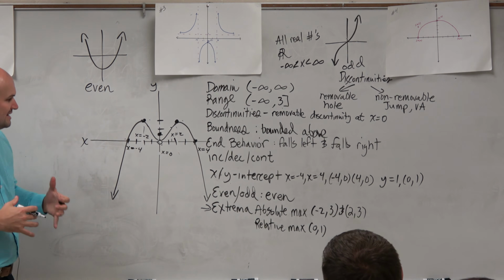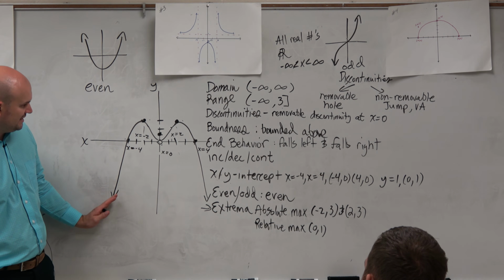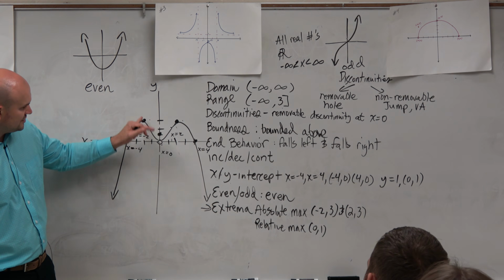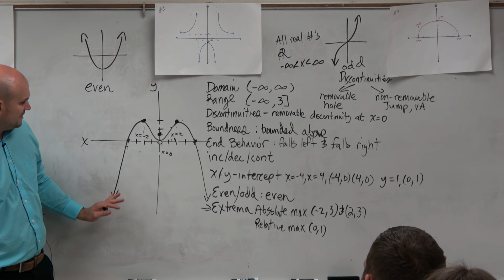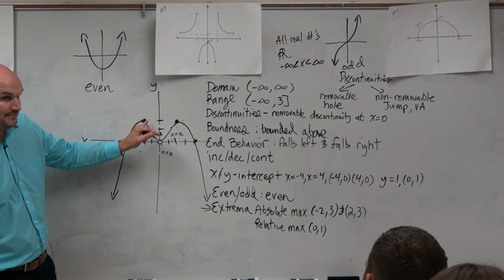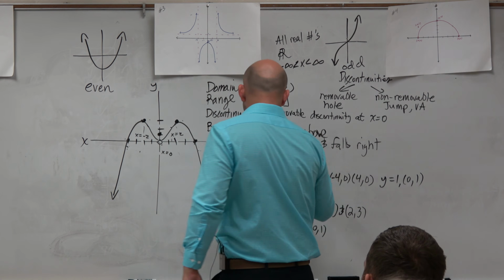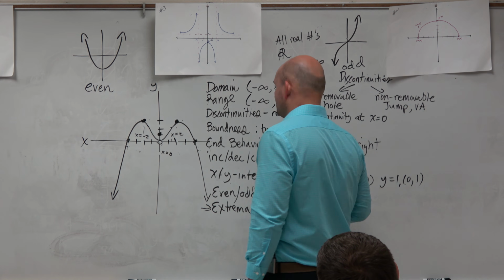When I talk about when the graph is increasing, it looks like the graph starts from negative infinity to -2. From negative infinity to -2, the graph is increasing. Would you guys agree? So my increasing interval is from negative infinity to -2.